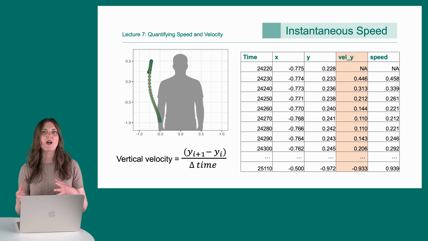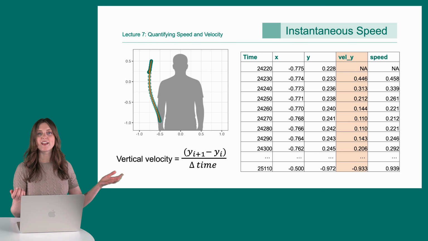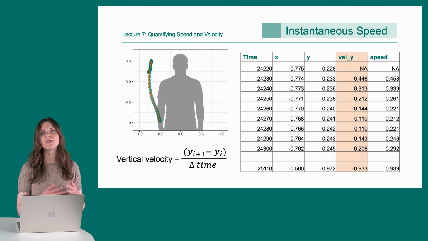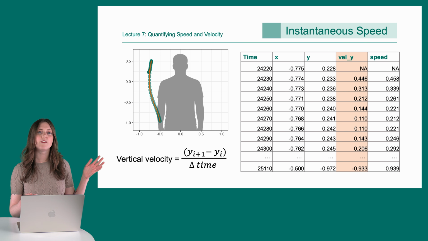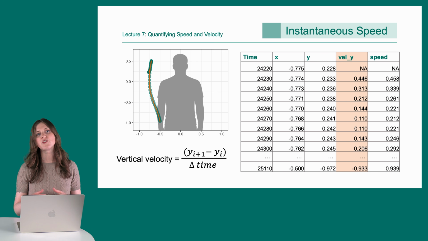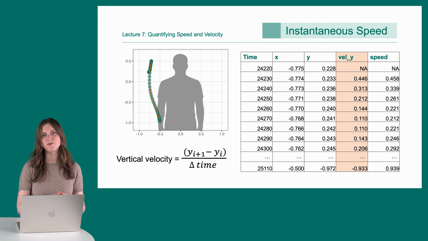The difference in y position between two time points is the numerator, and the change in time for each step is the denominator. In our case, this is 10 milliseconds or 0.01 seconds because our sampling rate is 100 hertz. The values that you see in the vertical velocity column are measured in units per second in our normalized coordinate space.